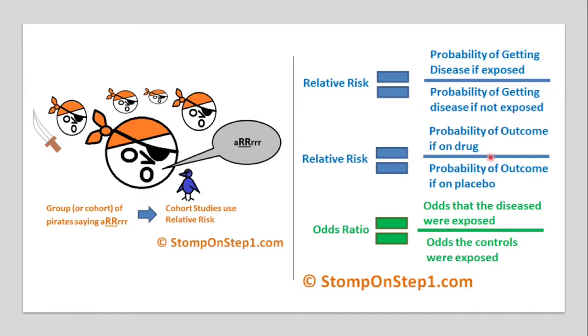Or you can look at it as the probability of an outcome if they're on a drug compared to the probability of that outcome if they're in a placebo group. Sometimes you'll see relative risk reported in clinical trials. And then the odds ratio is the odds that the diseased were exposed over the odds the controls were exposed, or that the event occurred.